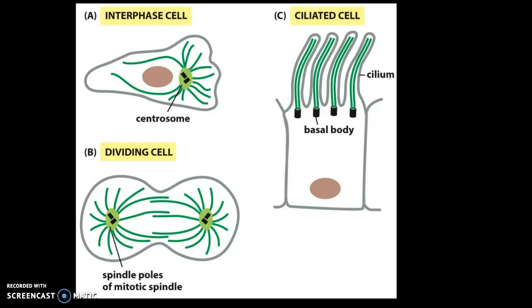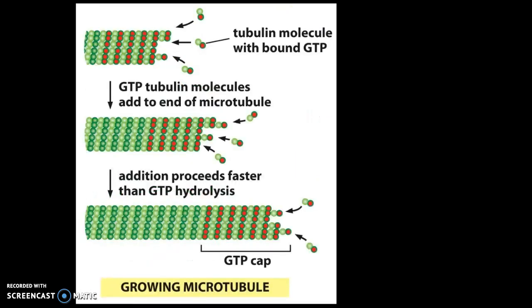And so ciliated cells, like the ones that line your lungs and create the mucus elevator, are using microtubules to create that ciliated motion. That's how paramecium get around, for instance, through cilia.